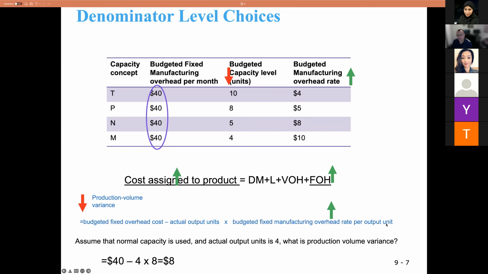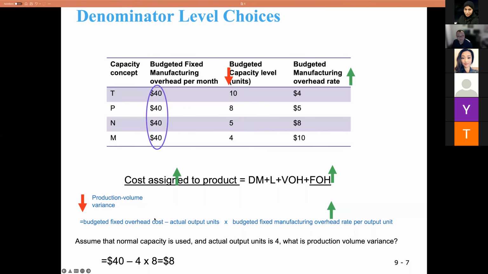So when your rates are lower, in this formula, the budgeted fixed manufacturing overhead rate, if this number is lower, will the production volume variance be higher or lower? Higher, right? Because there's a minus.